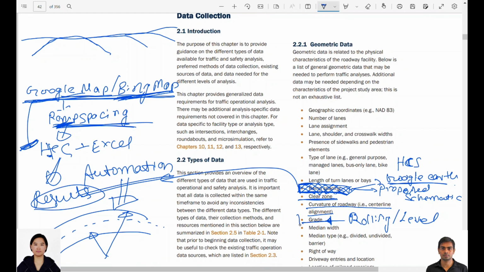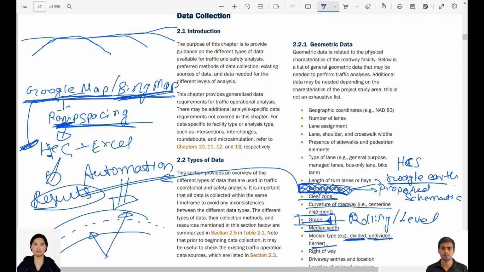But if the grade information is available, then we can use it and we can ask for it. Many times the grade information is not available. Median width, we can get it from Google imagery. Median type, there are three different types. One is divided, undivided, and barrier.